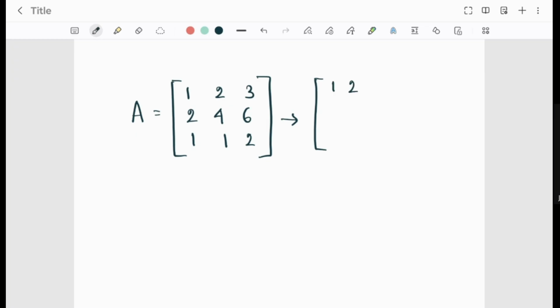We do row reduction and calculate the simplified form of this matrix.